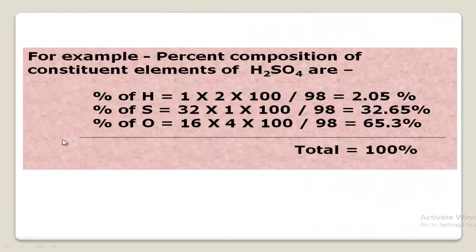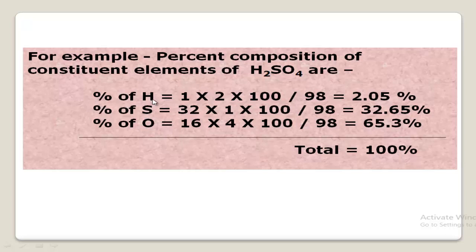Let's see an example: percent composition of constituent elements of sulfuric acid. You know that the molecular mass of sulfuric acid is 98. So how can we determine the percent composition of its constituent elements? The constituent elements of sulfuric acid are hydrogen, sulfur and oxygen.